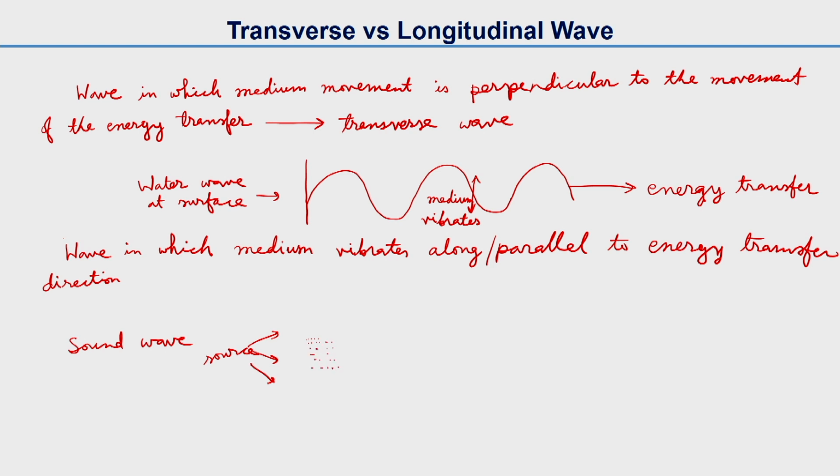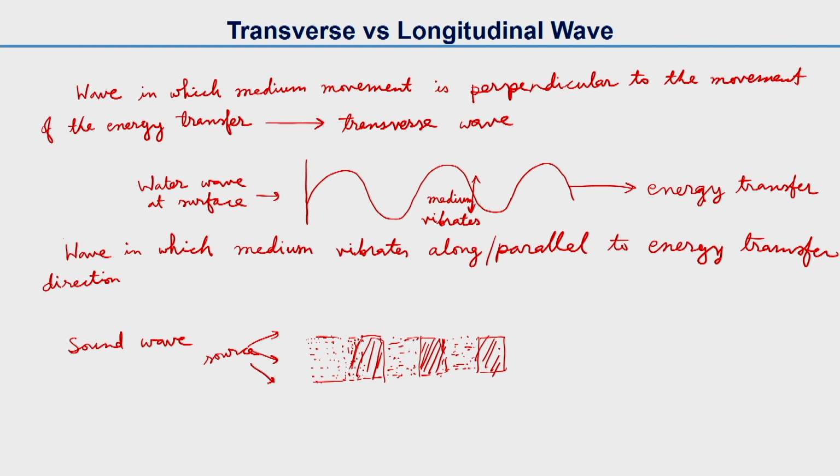Air particles will be compressed in this part, and then again the density will be less. Then it will be compressed again, density will be high, and again here density will be low.